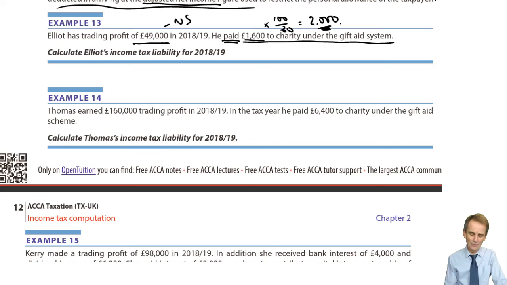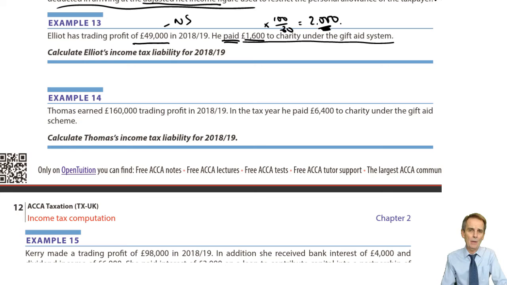Set up your computation, obviously with one source of income here, non-savings. You don't need, but it'll be shown in the model answer, a non-savings column and a total column. If this was an objective testing question, you're just going to put in 49,000. You're going to deduct your full available personal allowance of 11,850. You're going to get your taxable income, one minus the other.